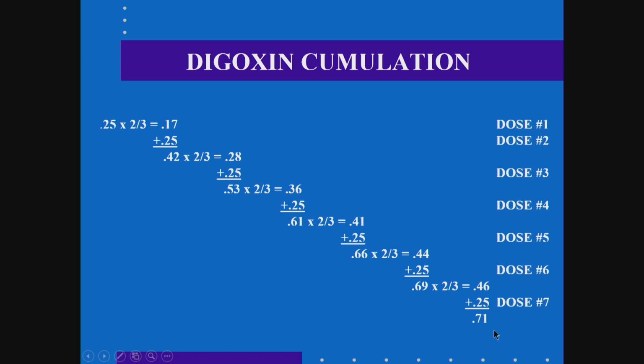After 7 doses in this example, you're pretty close to that total body stores of 0.75 milligrams that was established by giving a loading dose. So drug accumulation will take place exponentially when you have a constant dosing rate for maintenance and you have first order kinetics of elimination for the drug.